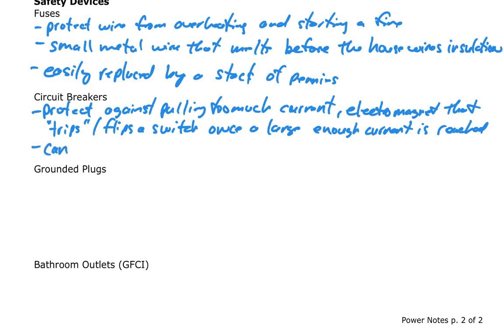In fact, we can reset a circuit breaker once it does trip. And it's pretty easy. If you've ever seen the circuit box in your house, you just push it one way and push it the other way, and then poof, it's back to its normal position. They're very easy to reset, and then you can continue using the circuit as you had before.